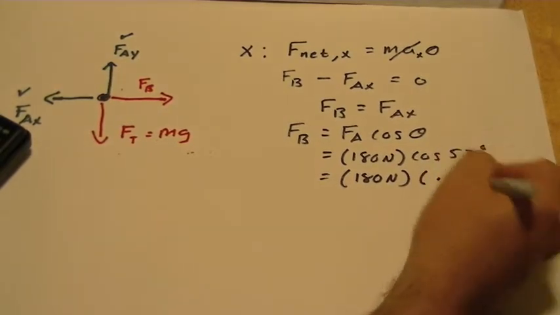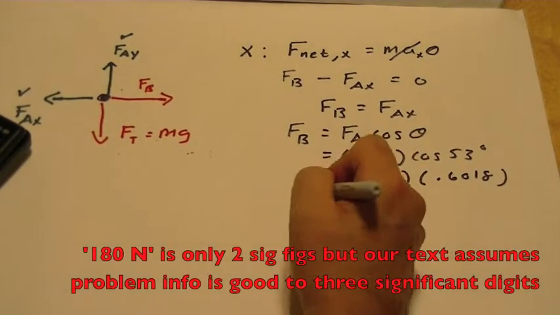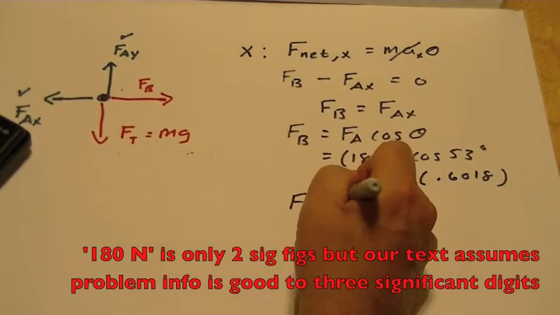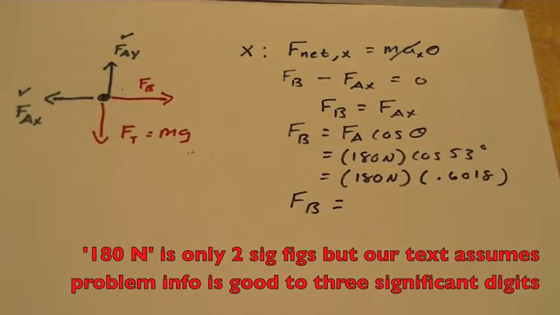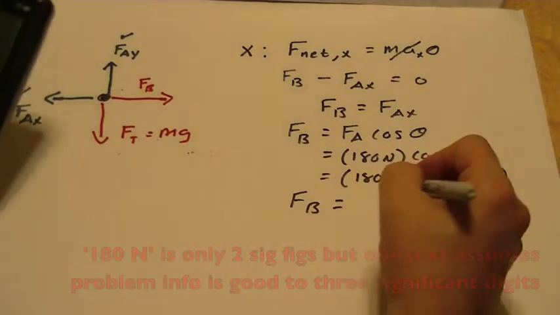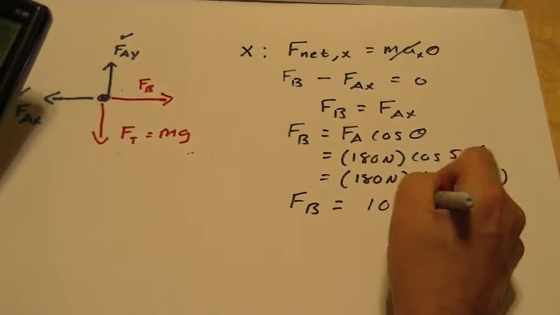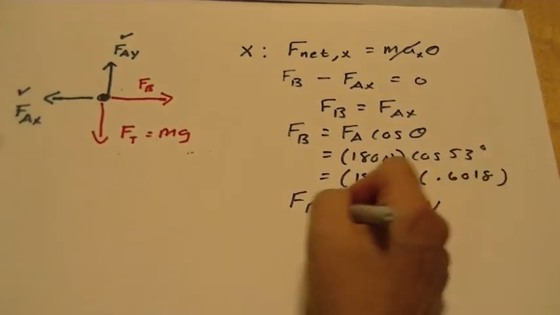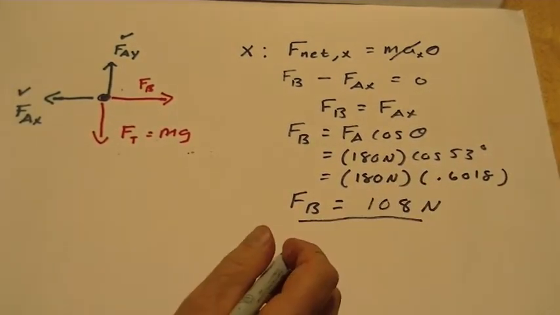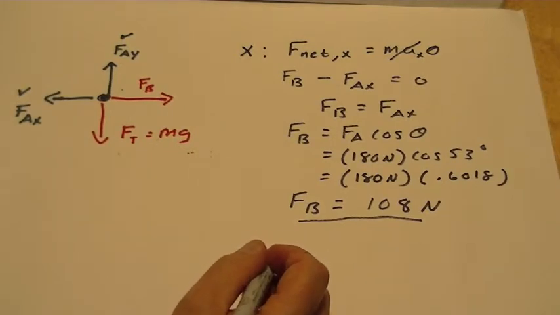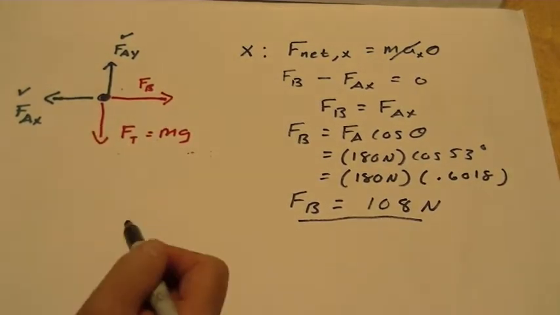There's more digits afterwards, but 4 significant figures is fine. And I find that the size of that force Fb must be equal to 108 newtons. And that's the first answer. Well, now let's work with the y forces.